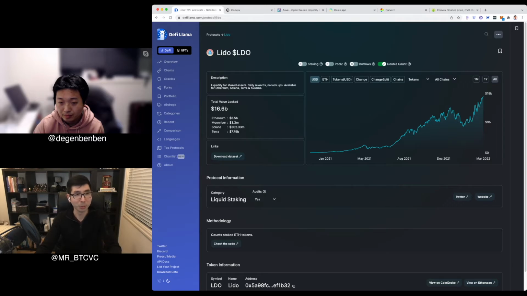Normally, once you stake it, it's locked up, right? You have to wait until Ethereum 2.0 after the merge. At some point you can claim it, but with Lido, you're getting stETH in return.